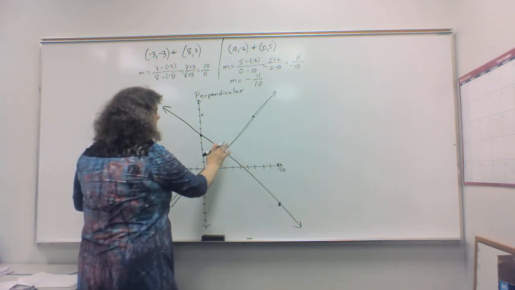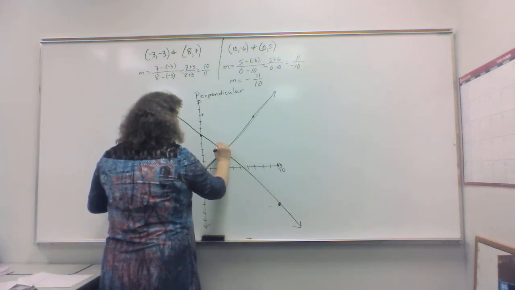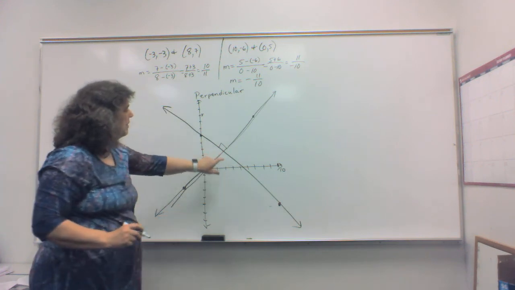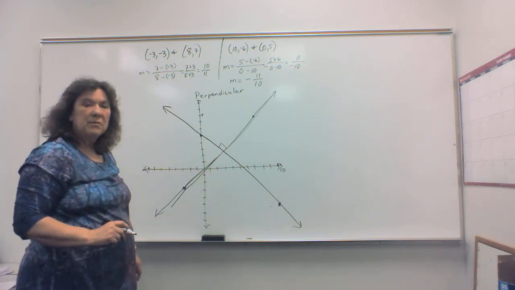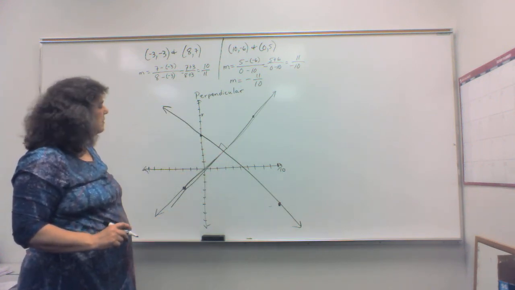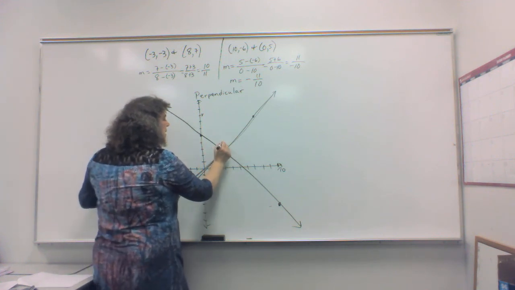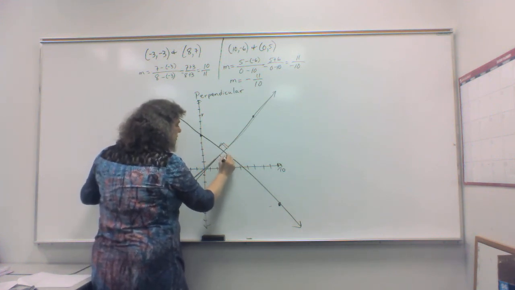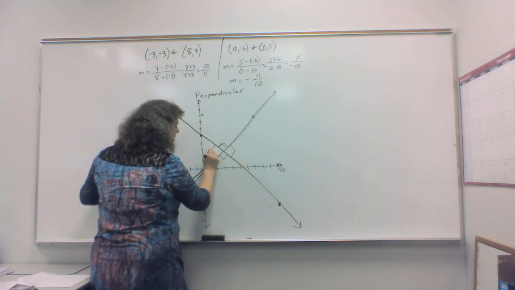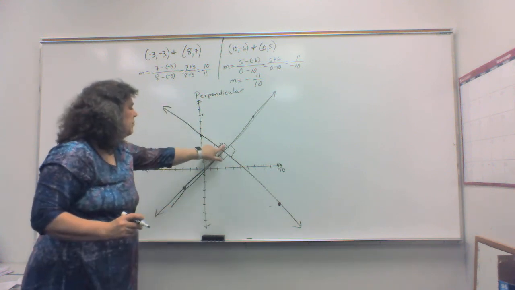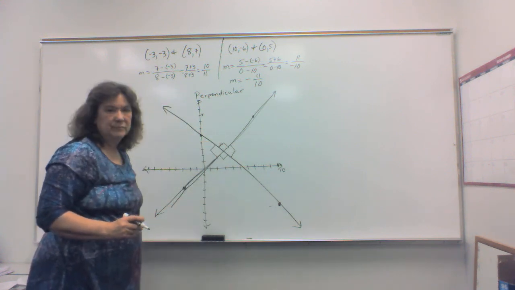Not too bad. Again, because I don't have accurate graph paper, it's hard to see exactly, but that basically looks like a right angle. So you can see right angles, all of these are right angles, therefore we have perpendicular lines.